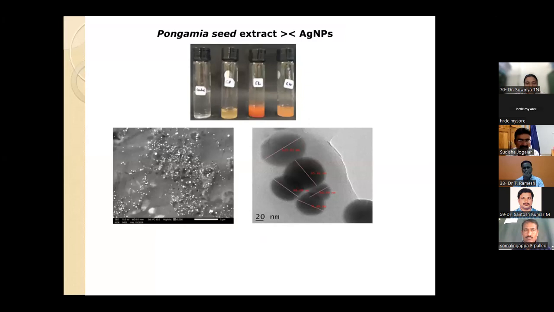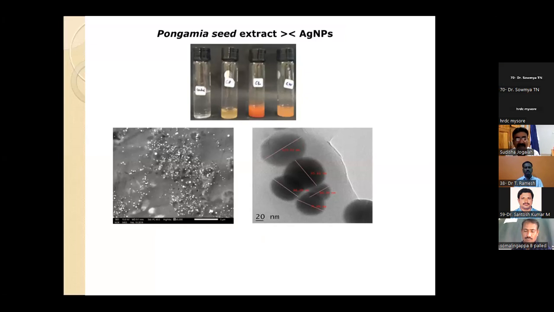Similarly, we have also tested silver nanoparticles synthesized using Pongamia seed extract, and we achieved quite significant results. We conducted this on cucumber against powdery mildew disease, a major pathogen. Since it is a semi-biotrophic pathogen, we could also see the aggressiveness of the zoospore.